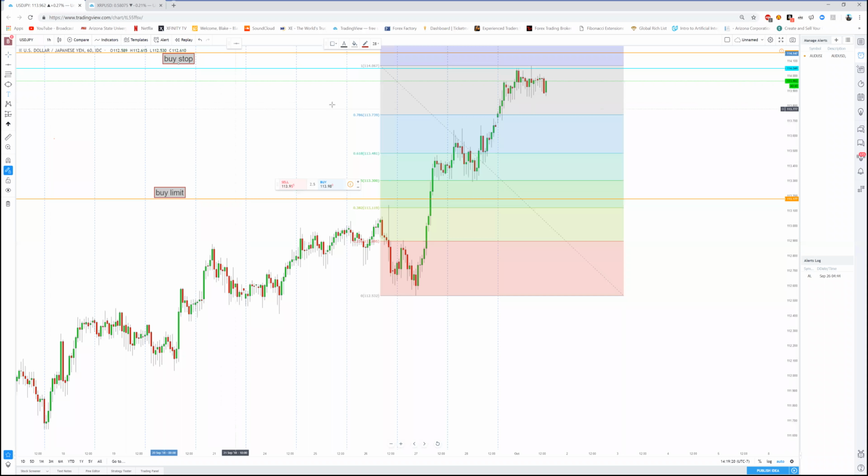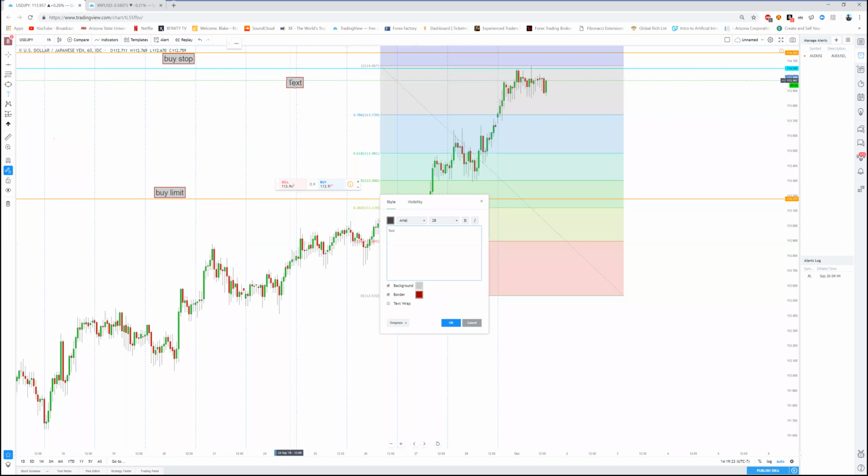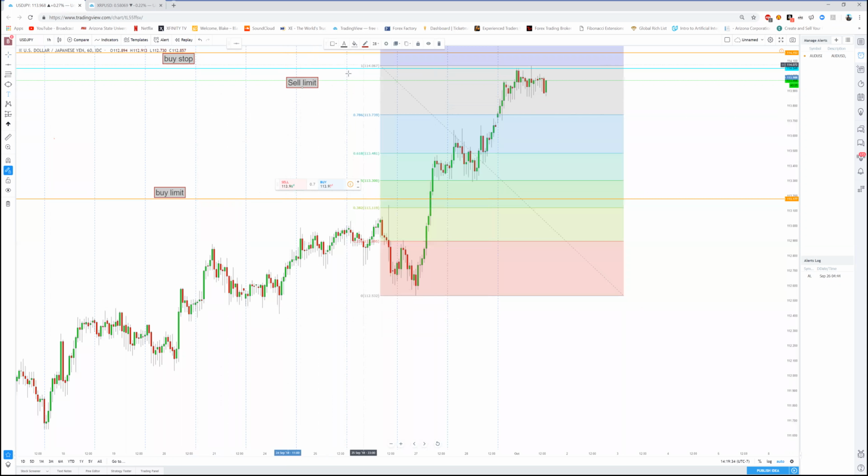But we actually have 3 because we have one last one we can also use. That would be, we can either sell it now, or we can even use a sell limit right at the PRP, maybe just a little below. I would usually put my sell limit like right there, really, really close.